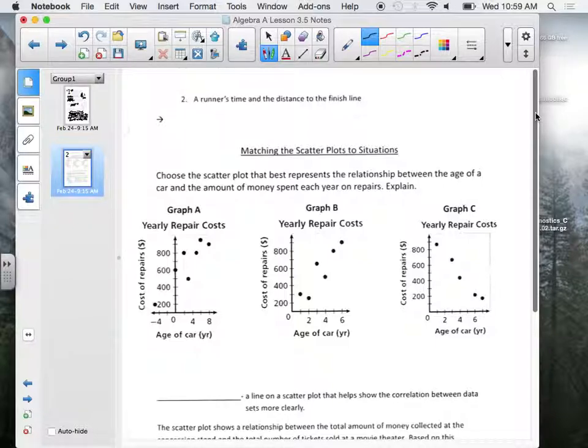Right, so I'm just going to draw a picture, but if you want to, feel free, but you don't have to. So which way do we want? Do you want runner's time to be on the bottom? Okay, time, and then distance is up here, right?